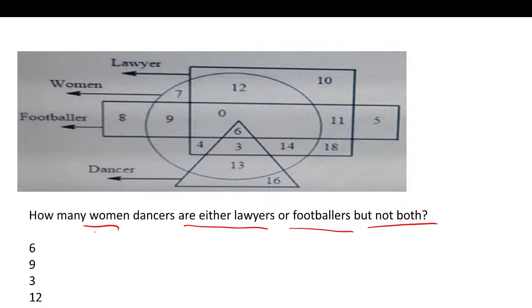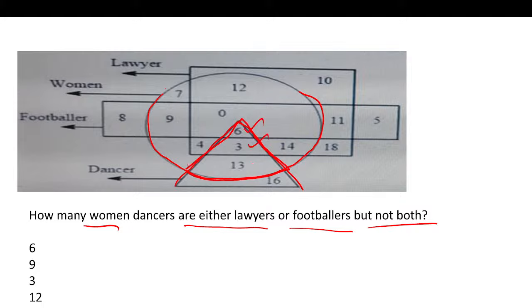First, how many women? Women is nothing but what? Circle. How many women dancers? So women, and also they should become dancers. Dancers means triangle. So our answer might be this portion.